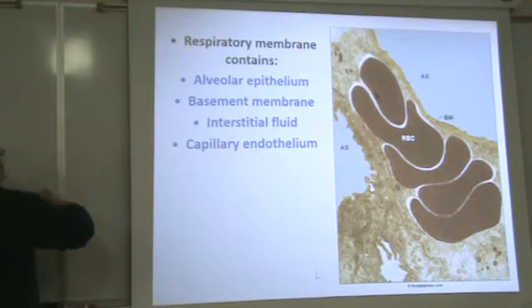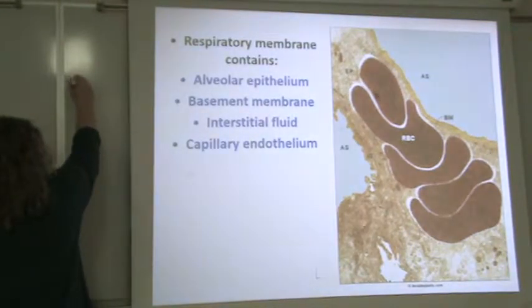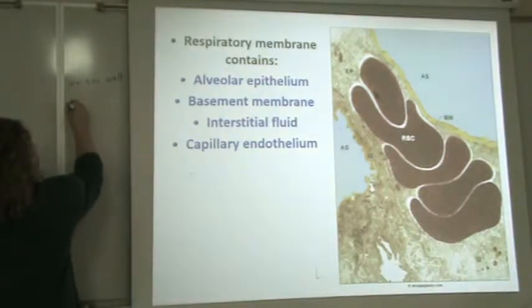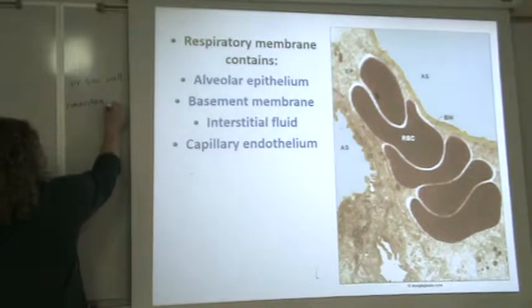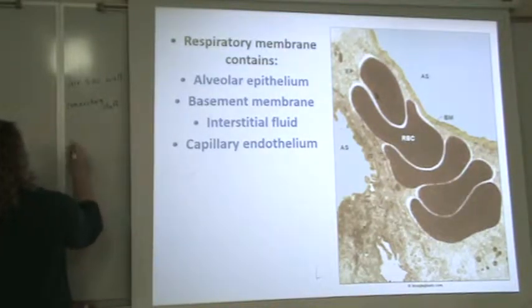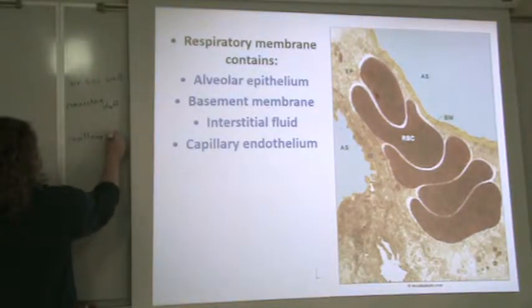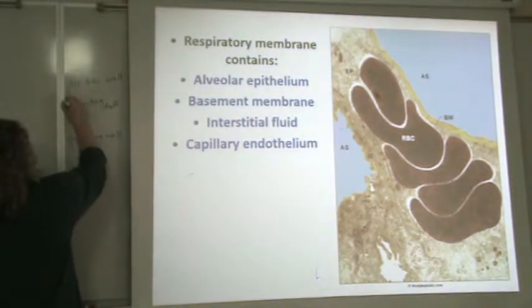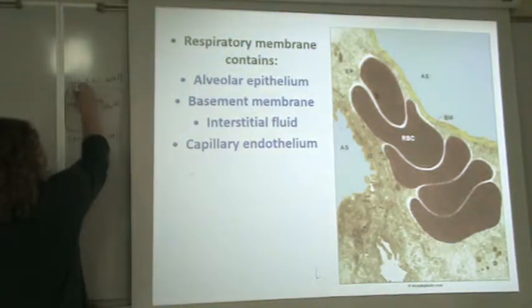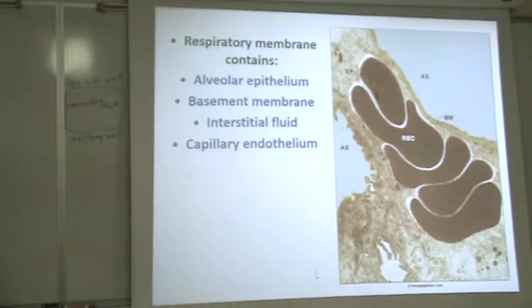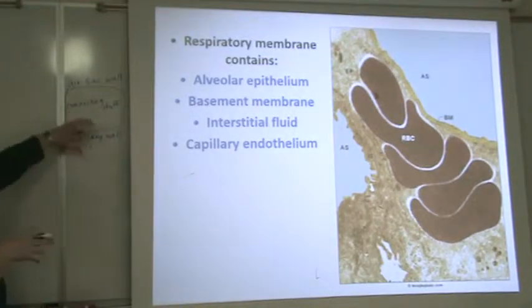So if I were to rephrase this, air sac wall, connecting stuff, capillary wall, and fluid in between there. So the fluid goes through the basement membrane, the fluid touches both.